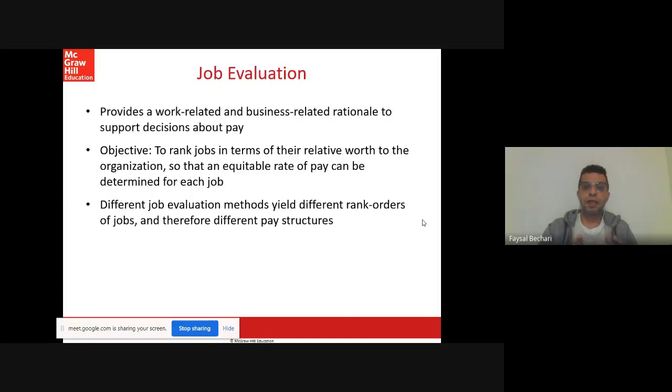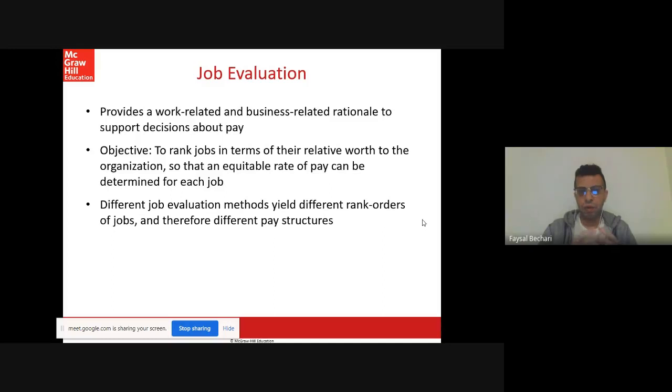Now, in job evaluation, we provide a work-related and business-related rationale to support the decision about the pay.